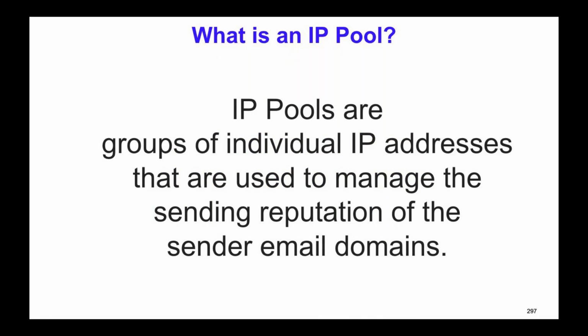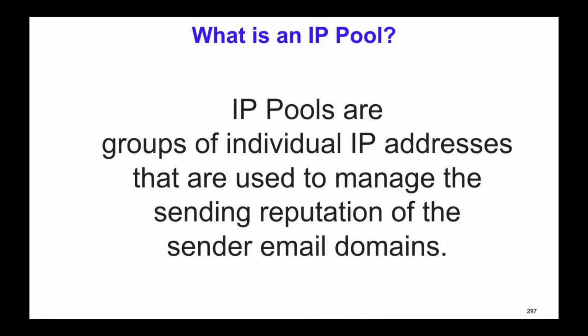Just to explain, let's say you signed up with MassMailer. We provide you a dedicated IP address. You subscribe to the dedicated IP address plan, and that's one IP address. Let's say you sign up for multiple IP addresses.